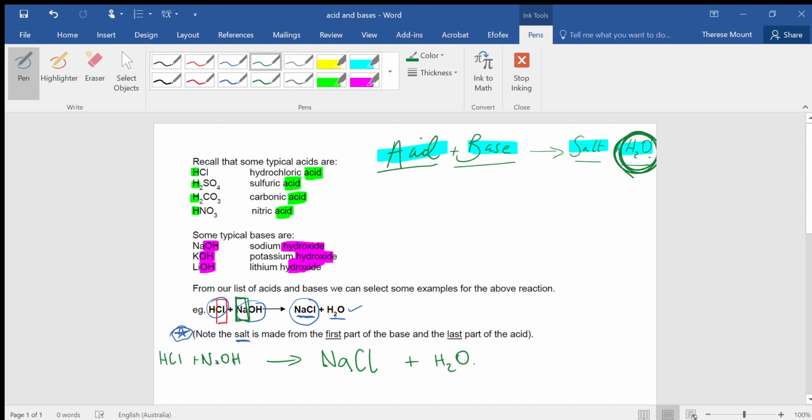I'll do an example in a second of how we go about doing these, but the main message: an acid usually has H at the beginning, plus a base, which has this OH at the end. We take the first part of the base and connect that with the second part of the acid to make our salt, and we get water being formed as well.